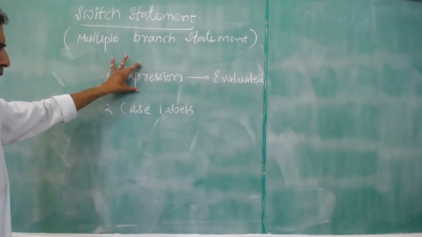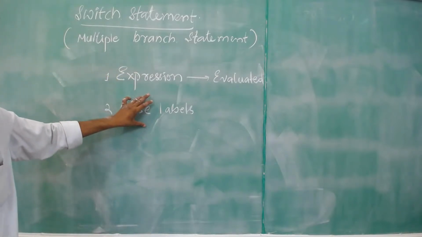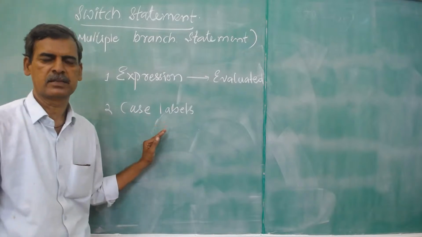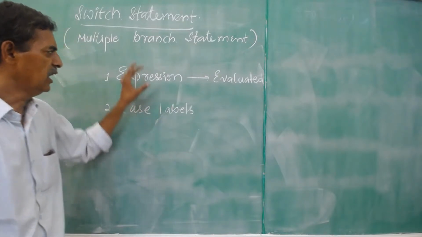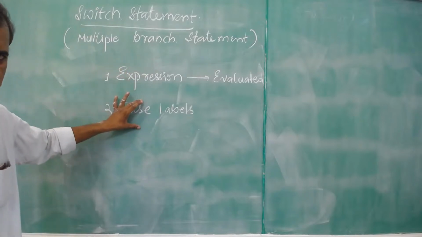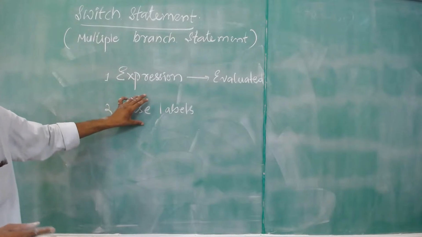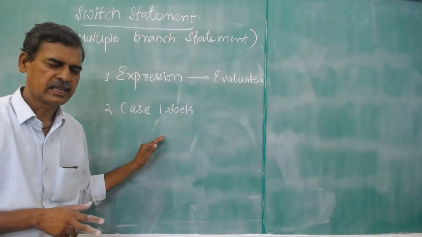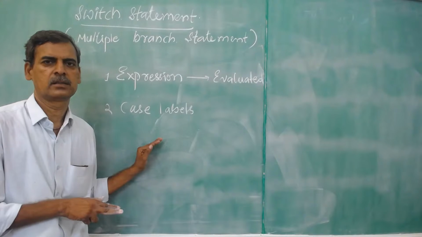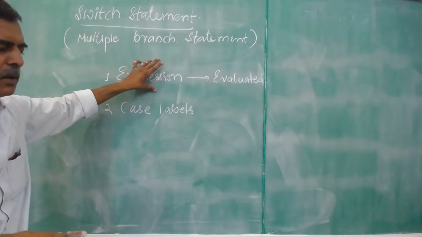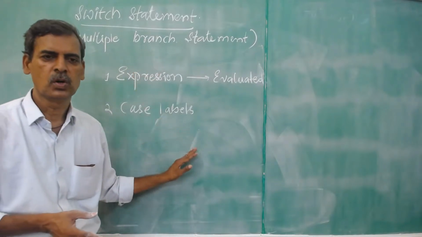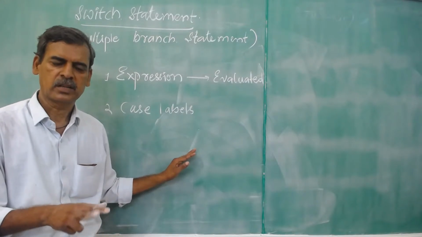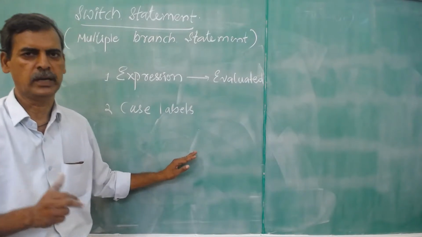Here, an expression, case labels: case label 1, case label 2, case label 3. So you have n number of case labels. The value of expression is compared with the first case label. If value of expression matches with case label 1, then statements in the case label 1 block are executed. If value of expression is matched with case label 2, then statements in the case label 2 block are executed.